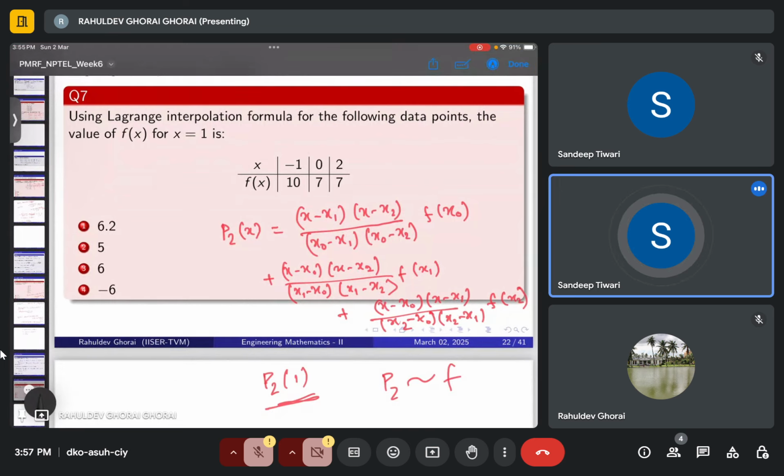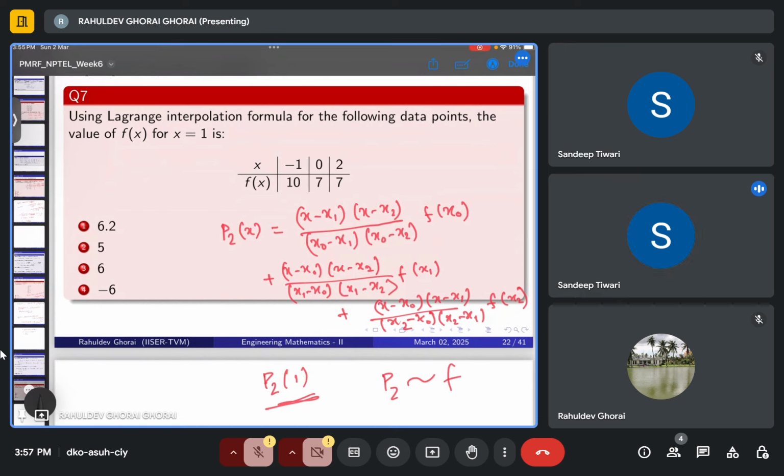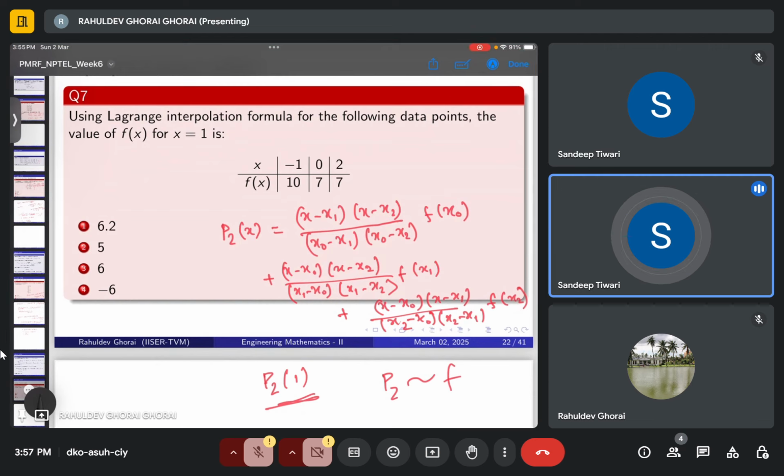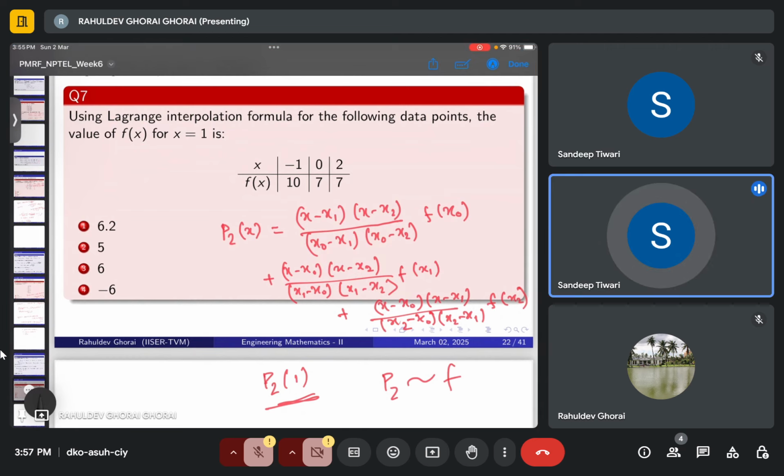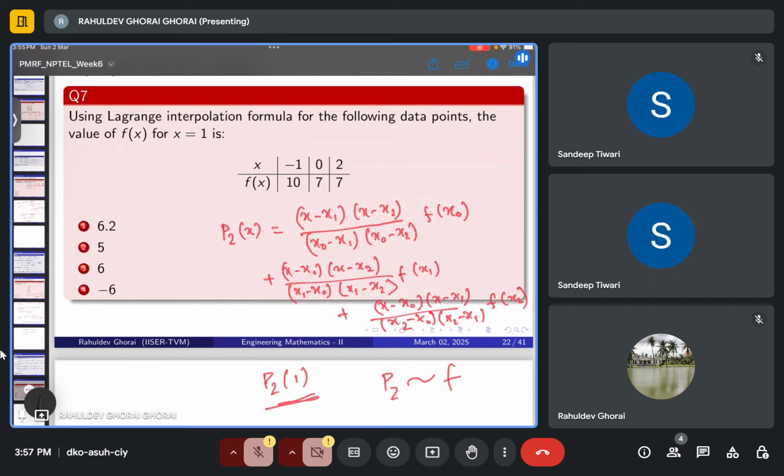Sir, your first term is not correct, I think. In the numerator there should be x minus x0, x minus x1, sir. That is the last term, you see.